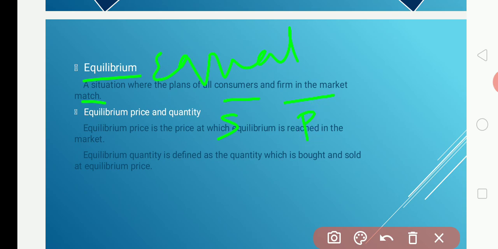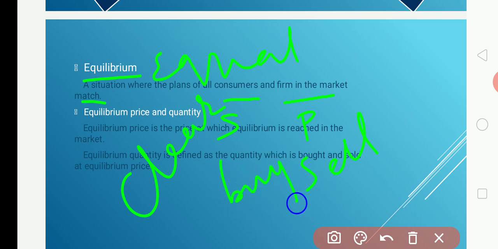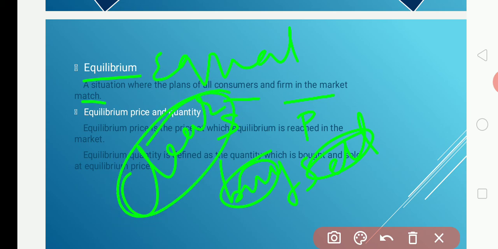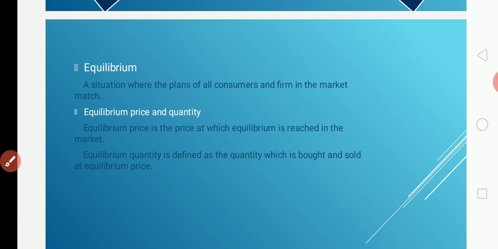When both get satisfaction and profit, the market will clear. The producer will sell the goods and the consumer will buy the goods. When buying and selling take place, the market is cleared. That is called an equilibrium.